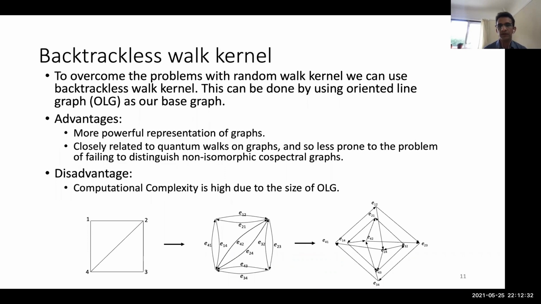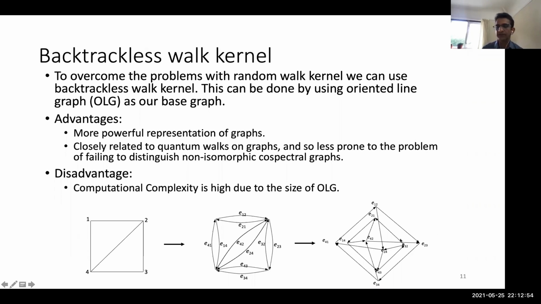One way to compute the backtrackless walk kernel is to transform the graph into an oriented line graph. An oriented line graph is a transformation where every edge of the graph is replaced by two vertices, and it is constructed in such a way that a random walk on the oriented line graph corresponds to a backtrackless walk on the original graph.